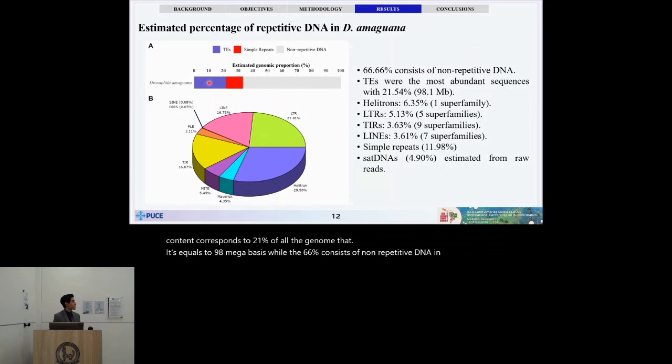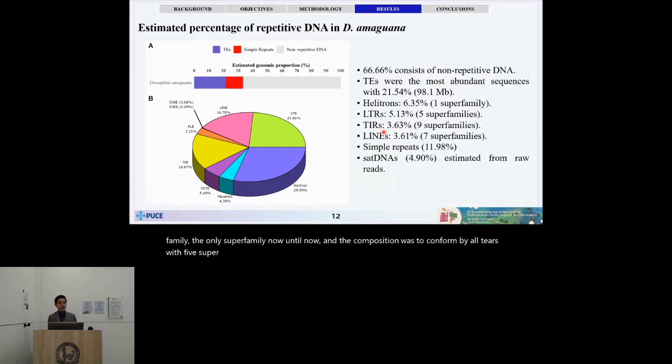Here in the bar, the blue color corresponds to the percentage of TE. The TE composition was given by the most abundant amount of Helitrons, with one superfamily, the only superfamily until now, and the composition was conformed by LTRs with 5 superfamilies, TIRs, and LINEs.